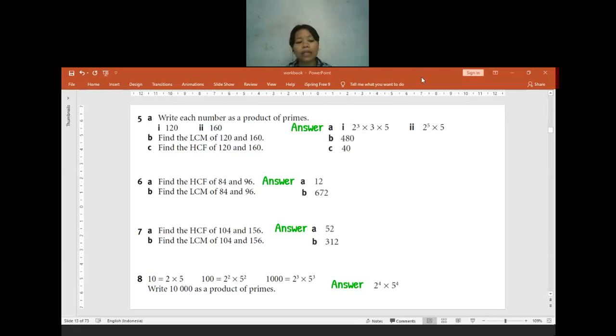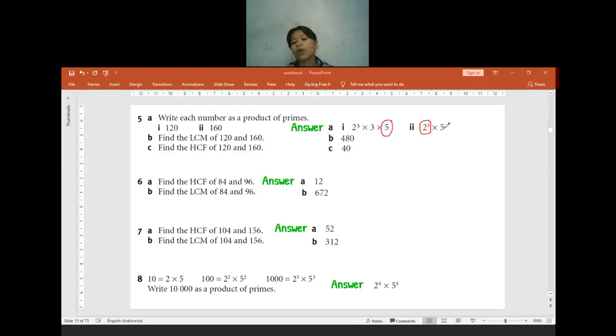For the LCM, I have to take the highest power. After that, I have to take all the types of number. So here, there are two options for the number 2. It can be 2 to the power of 3 or 2 to the power of 5. Since I have to take the highest power, I will take 2 to the power of 5. Then the other common number is 5.